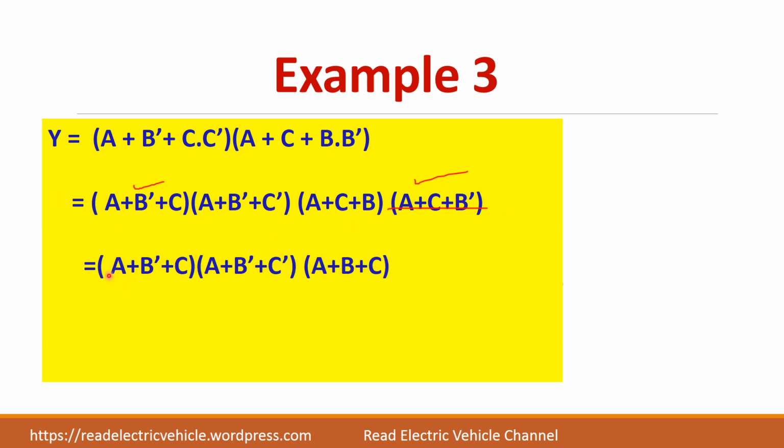A means 0, B dash means 1. In a Maxterm, A should be taken as 0 and dash should be taken as 1. So you find this is 2, this is 3, this is 0. Write in ascending order. So for Maxterm, the symbol pi should be used, capital M of 0, 2 and 3. So this is the answer.